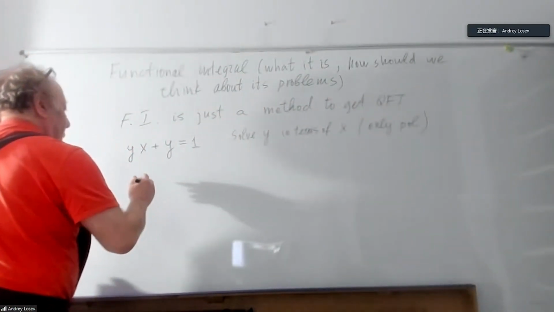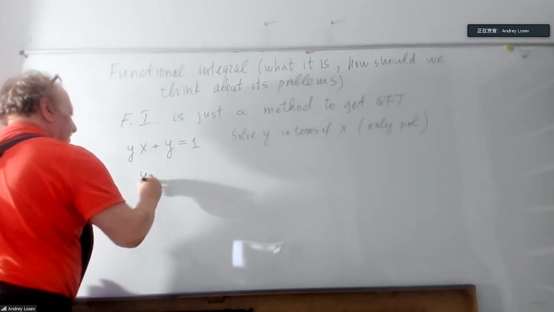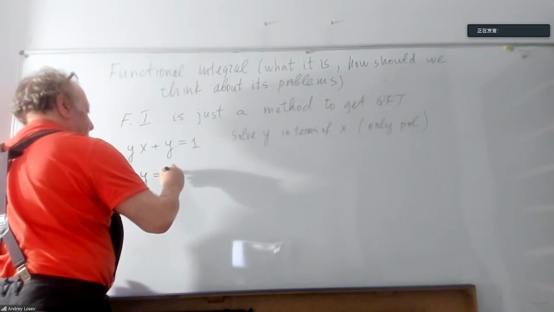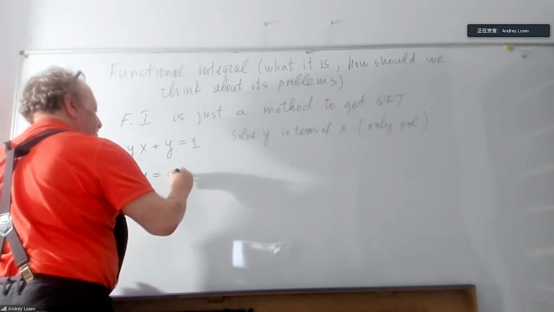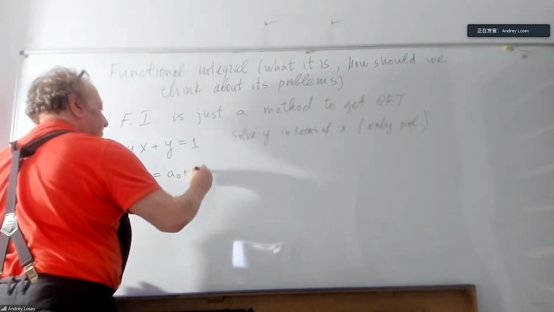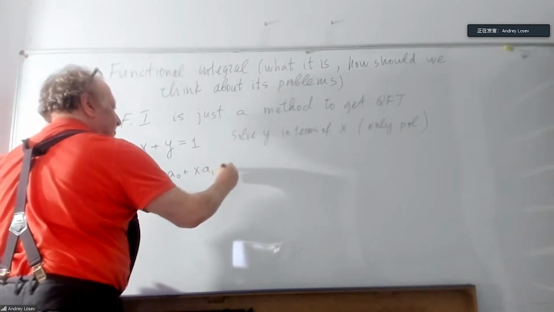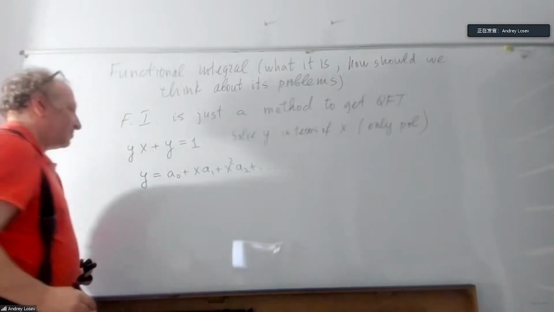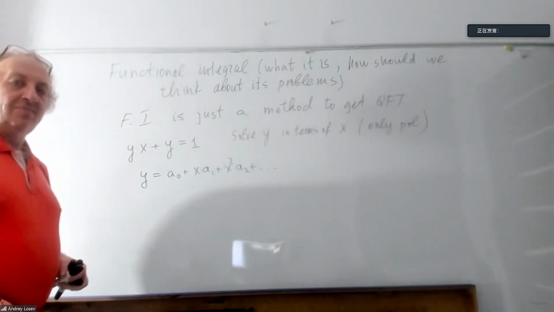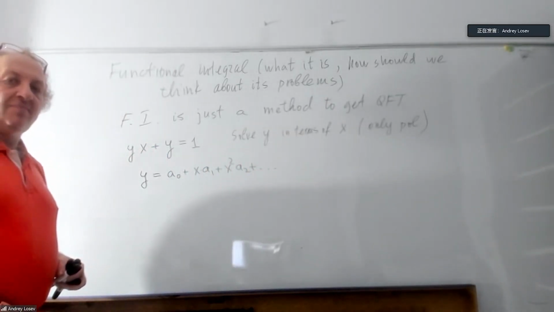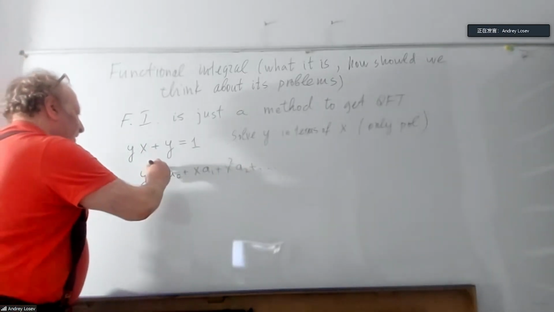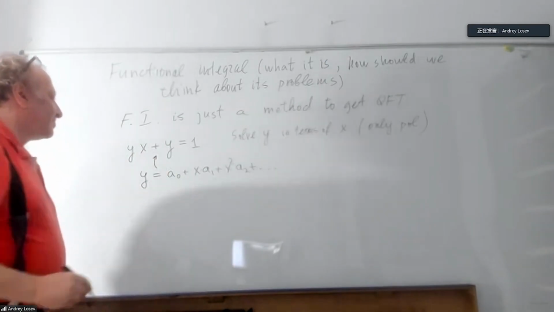So what should I do? I should say that y is a naught plus x a1 plus x squared a2 plus etc. Okay? And let me try to plug it here.